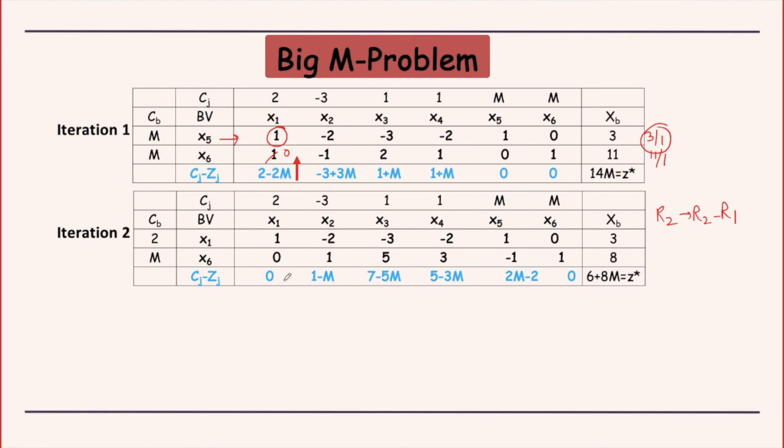Now if you notice, again you have Cj minus Zj's which are negative. Which one is the most negative out of these? Someone can tell me. 7 minus 5M. So what you first check is the coefficient of M. This is the deciding factor when you compare these Cj minus Zj. Here the coefficient is minus 1, here it is minus 5, here it is minus 3.